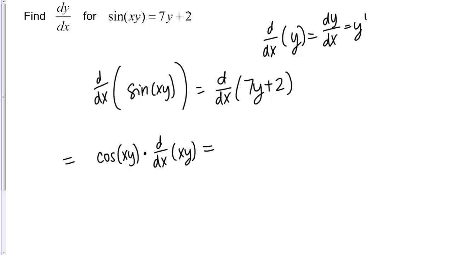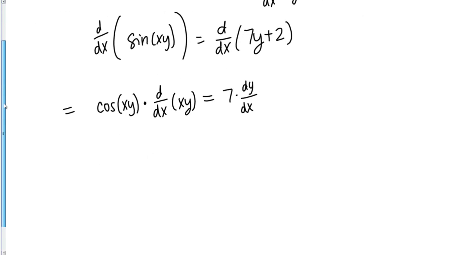Now on the right-hand side, I have the derivative of 7y plus 2. Let's think about 7y first. The 7 is just a constant. It can just come out front. Then I have times the derivative of y. But we said above that the derivative of y is dy/dx. So this is 7 times dy/dx. And the derivative of 2 is 0, since 2 is a constant.